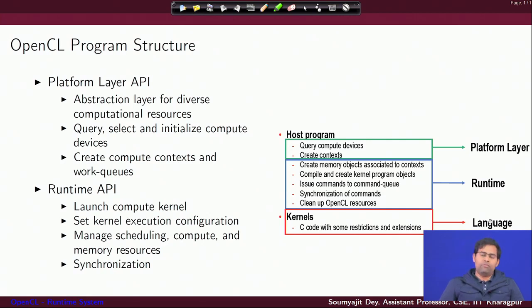It seems a bit weird: we have queried the devices and set up the context, and now we have further commands in the host program to create memory objects associated with the context, and then compilation commands in the host program for compiling the kernel code that comes after the host program.